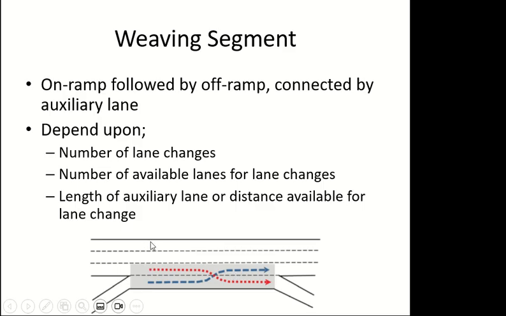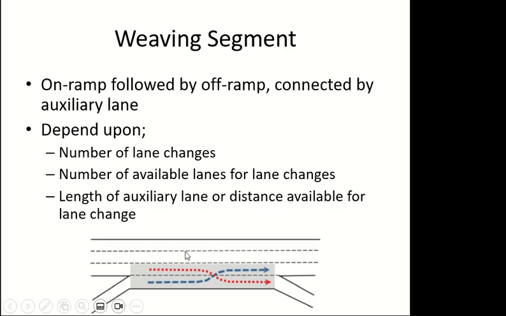If you look at the other lanes, if I'm in this lane and want to go to the ramp, I have to make more than 1 lane change. So this one cannot be a weaving lane. Same thing here. So the weaving lanes are those lanes from which you can go from ramp to freeway or freeway to ramp with 0 or 1 lane change.